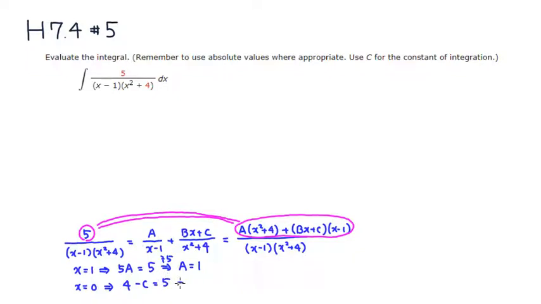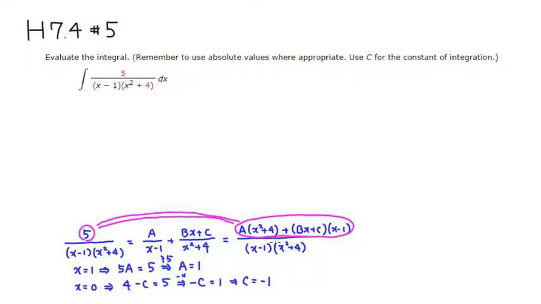So negative C, after subtracting 4, is equal to positive 1. So we know that C is negative 1. Right? So we already have the C value and the A value, and we just have to find the B value.